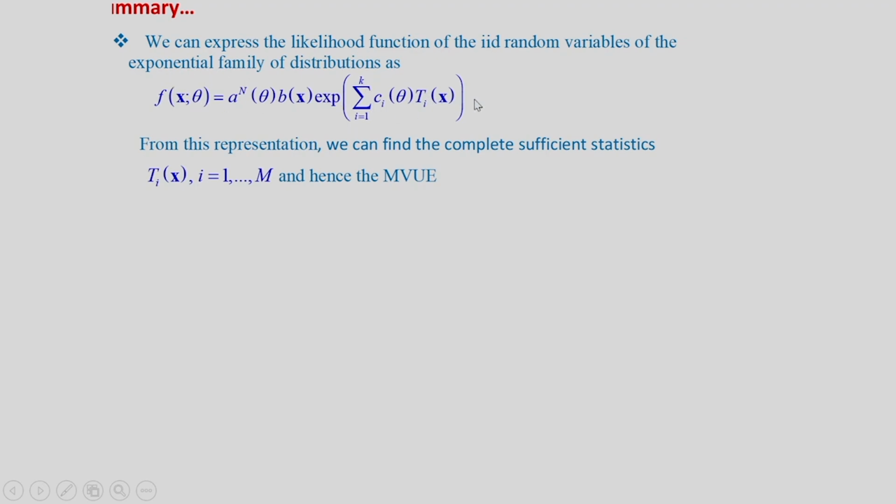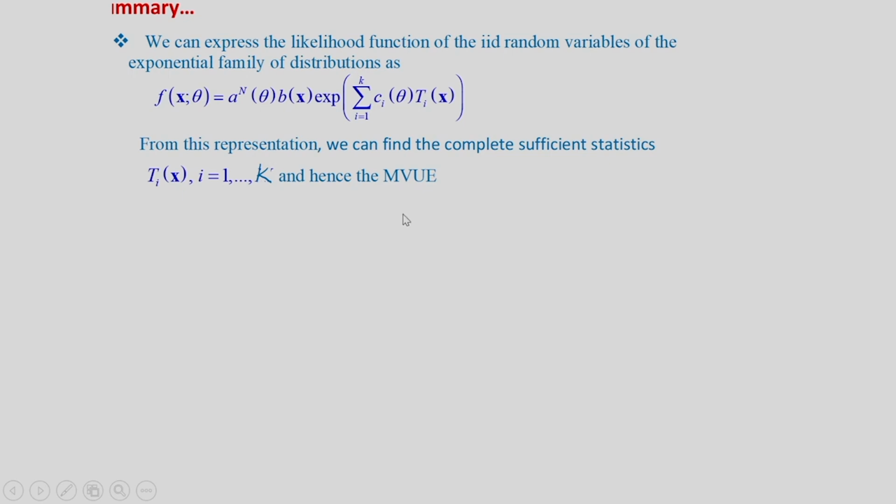From this representation we can find out the complete sufficient statistics as Ti x, i going from 1 to k. From that complete sufficient statistic we can find out the MVUE, because we have to find a function of Ti x which is unbiased, and that will give you the MVUE.